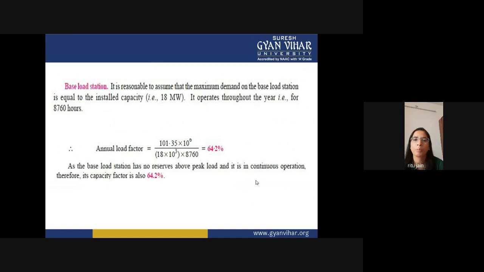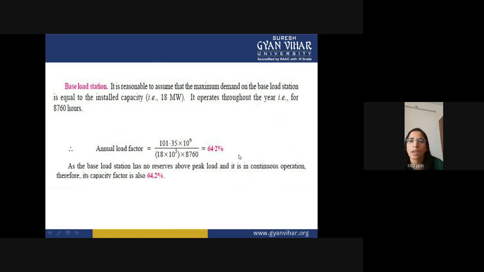When you require maximum demand, then you can use that particular standby unit. So maximum demand for the base load station is 18 megawatt. So it operates throughout the year for 8760.